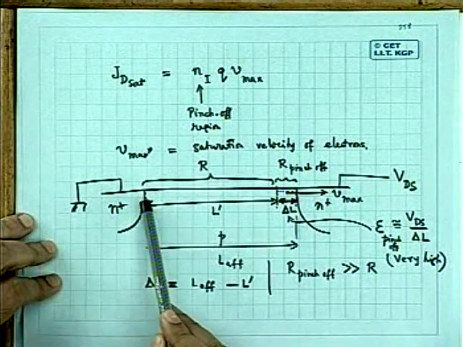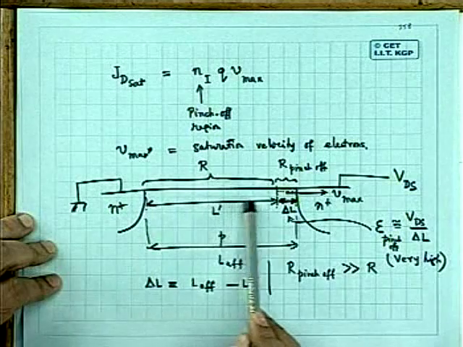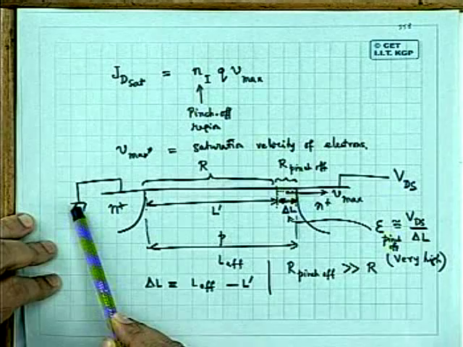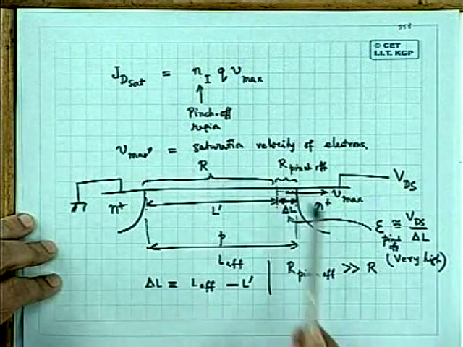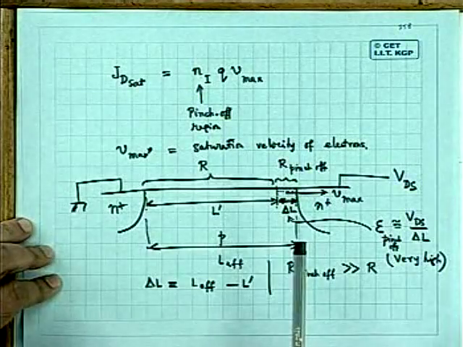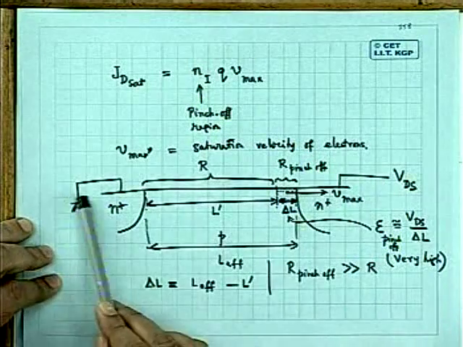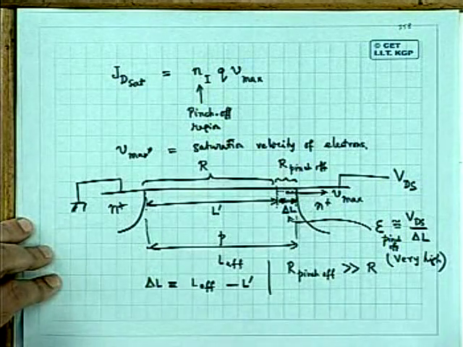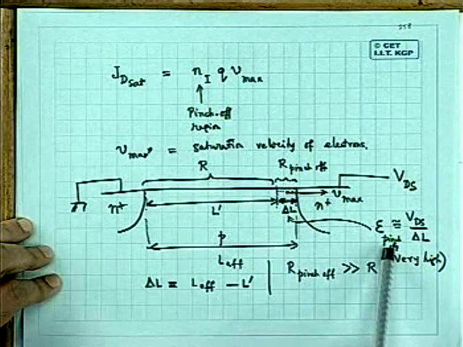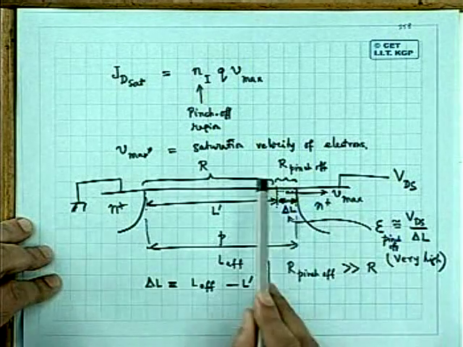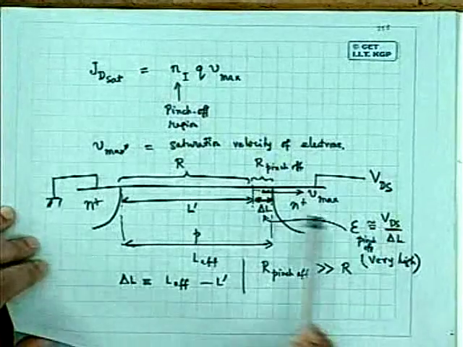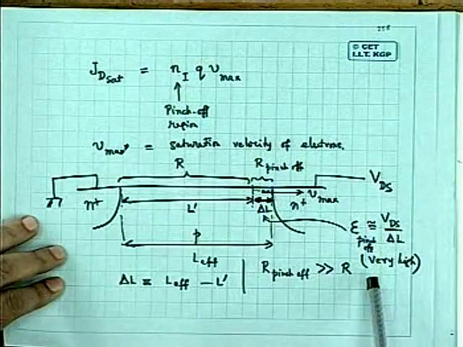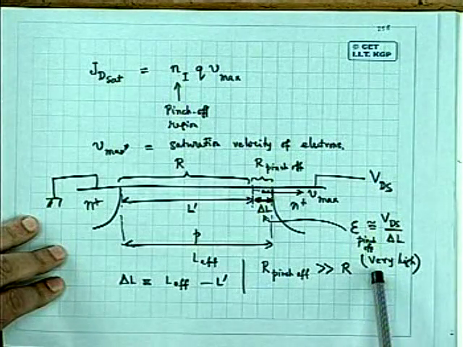The channel has a relatively higher conductance and the drain and source regions are highly conducting, excepting the small pinch off region where the resistance is very high. So whatever voltage we apply is practically dropped across that very small pinch off region, and the electric field here, approximately VDS divided by delta L, is really very high. Usually it is quite above 15 kilovolt per centimeter.